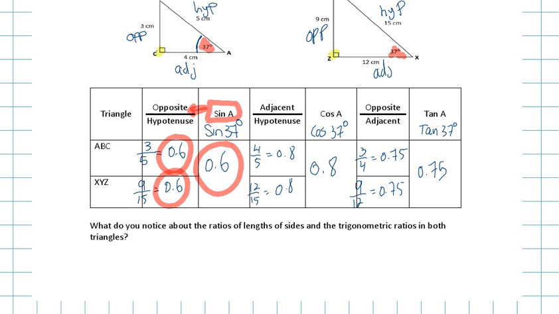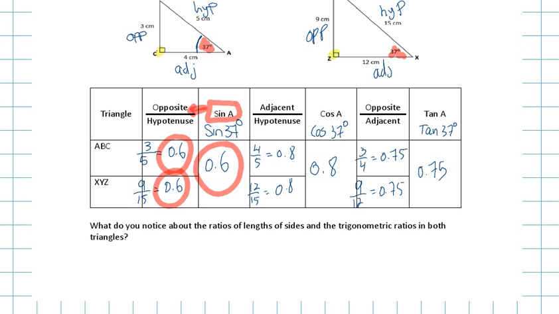How about cosine? Adjacent over hypotenuse. I got 0.8 and 0.8, and when I did cosine, I got 0.8.